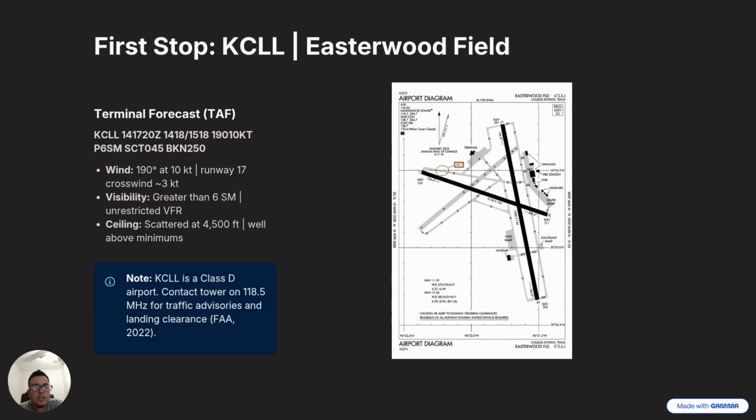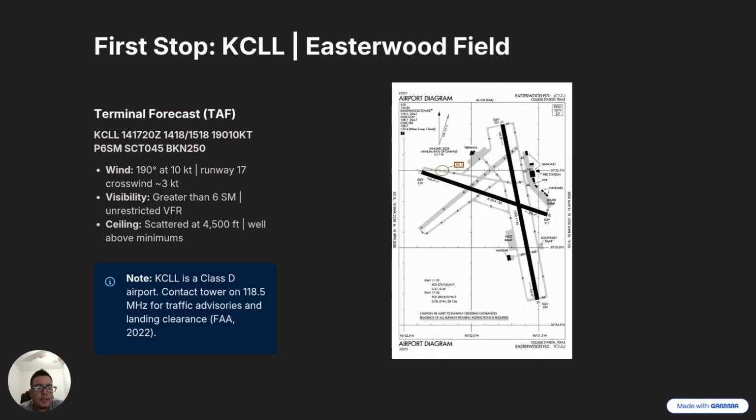Okay, getting into the first stop, Easterwood Field. Going really quick through all these. Wind 190 at 10 knots. We're going to use runway 17, and the crosswind is just about 3 knots, so perfectly fine with the airplane. Visibility greater than 6 nautical miles. Just gotta be careful, watching that the visibility doesn't go below that. As of right now, we are still VFR, not marginal VFR.